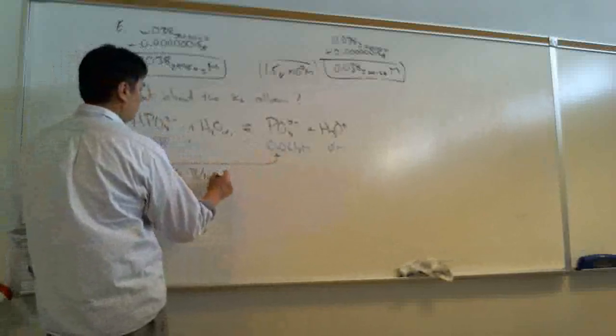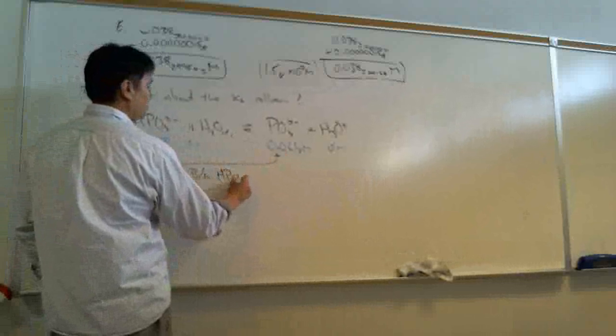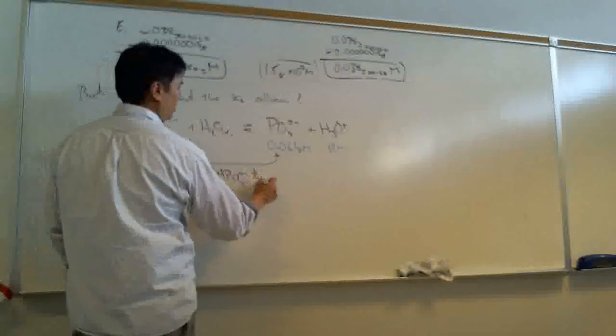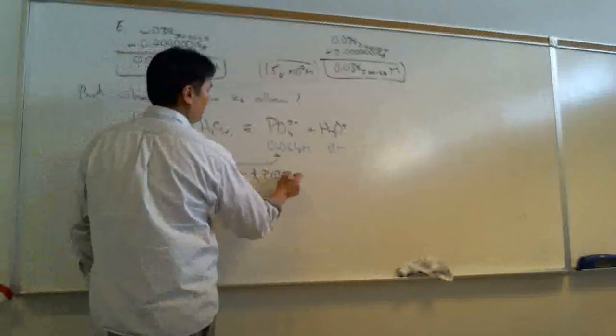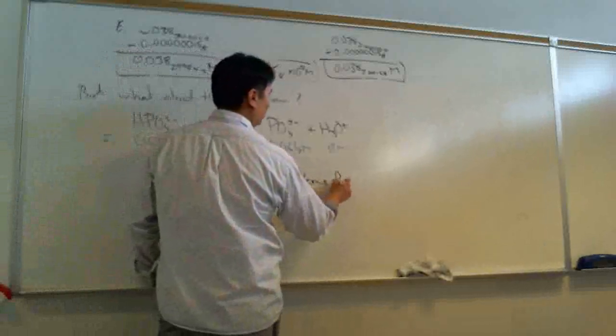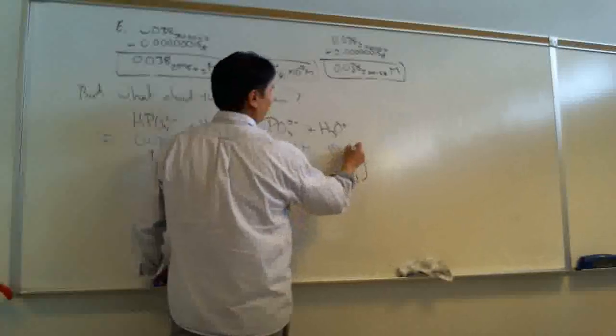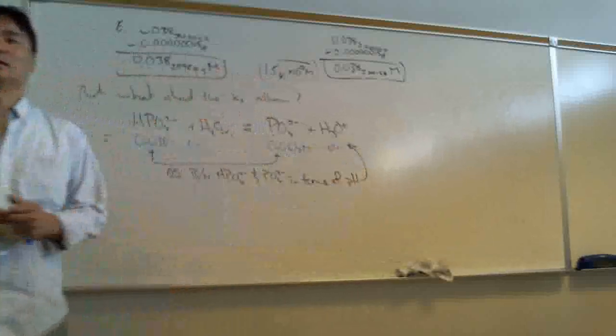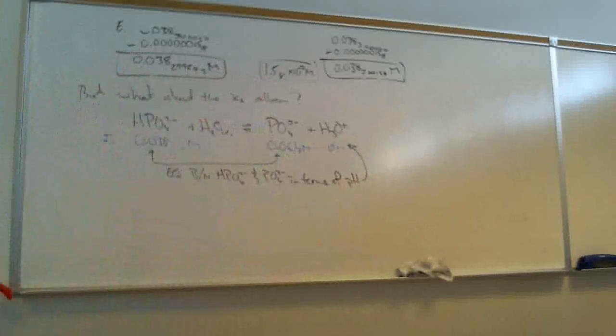This is very tricky because this describes the equilibrium between HPO4 2 minus and PO4 3 minus in terms of pH. What was step 1? Go back and look at step 1. And describe step 1 to me. What does step 1 tell us?